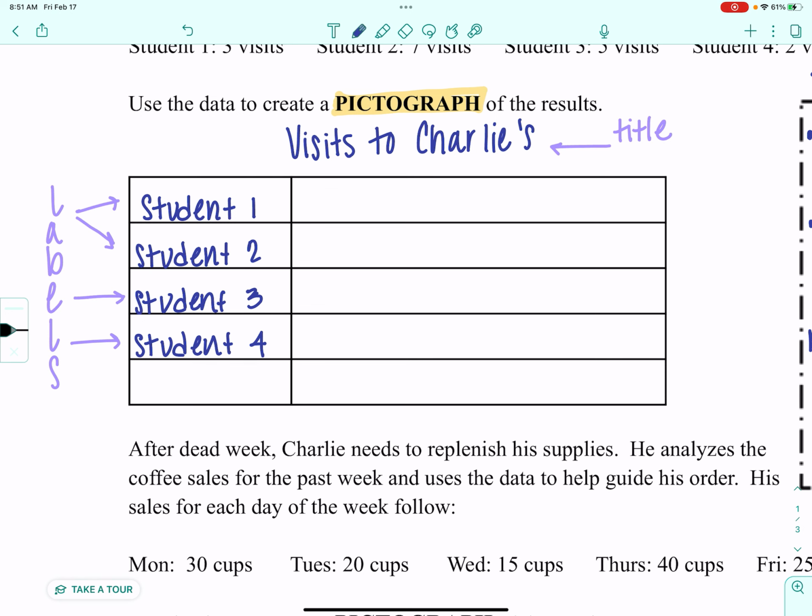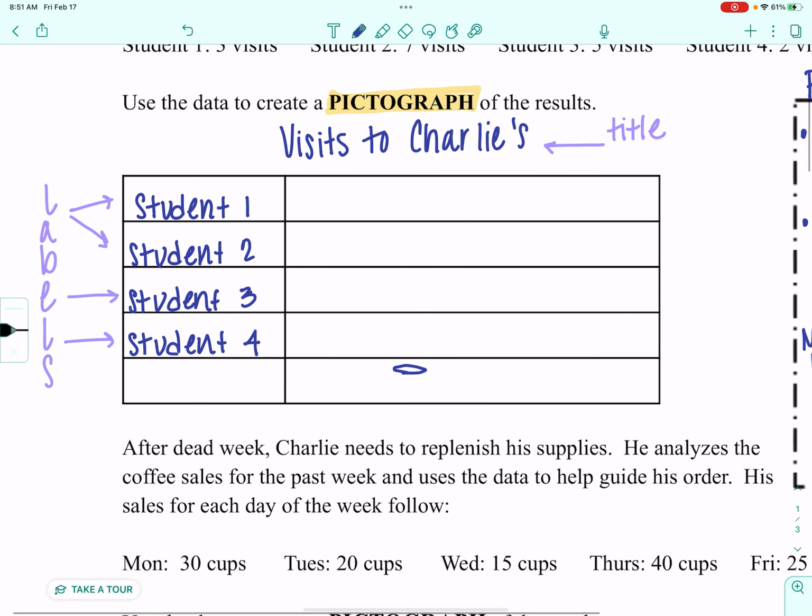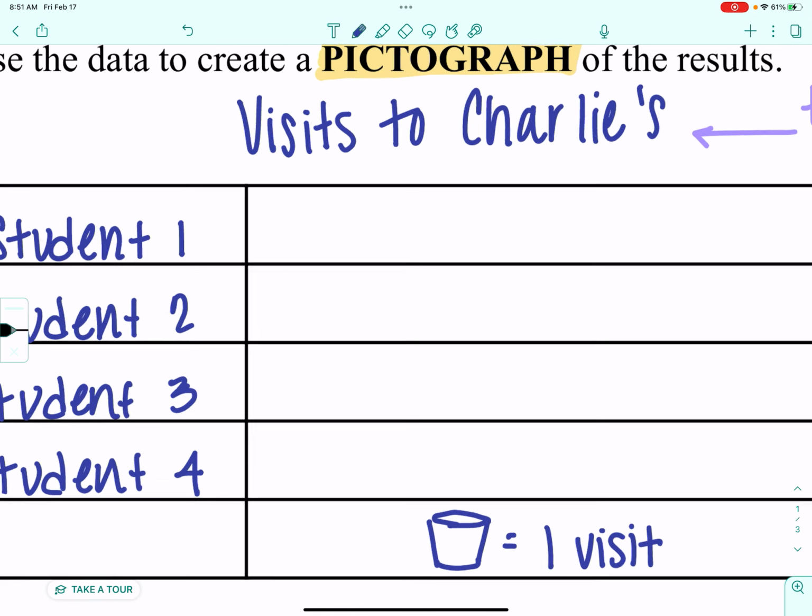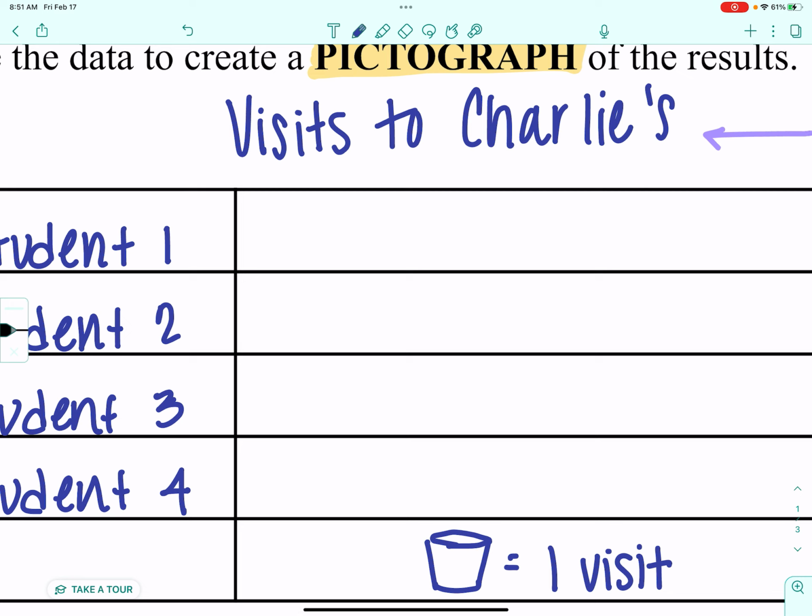I don't know why it disappears on me sometimes. So here we go. Student 1 went 3 times. So I need 3 coffee cups.